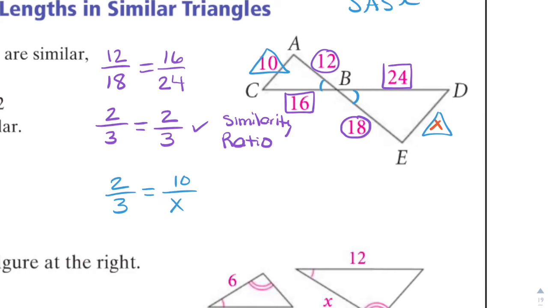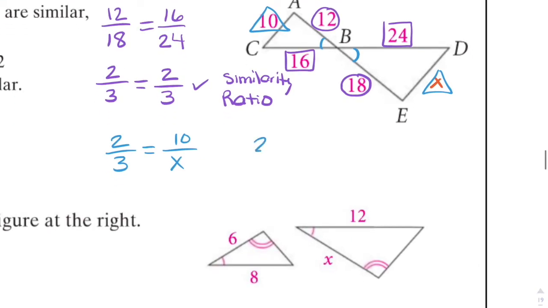Notice I went from left to right, 12 to 18. I went left to right, 16 to 24. I went left to right, 10 to x. Or in this case, I went smaller triangle to larger triangle. So 2x equals 30, so divide by 2, and x equals 15.